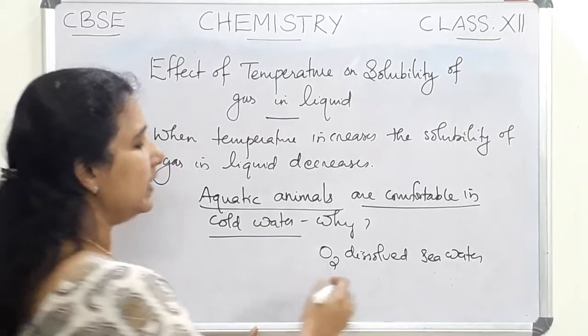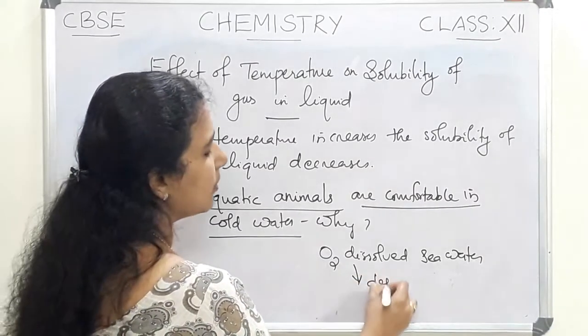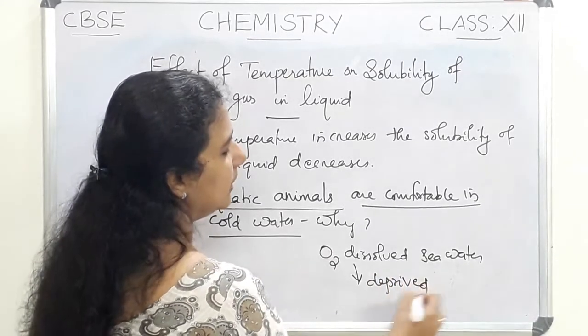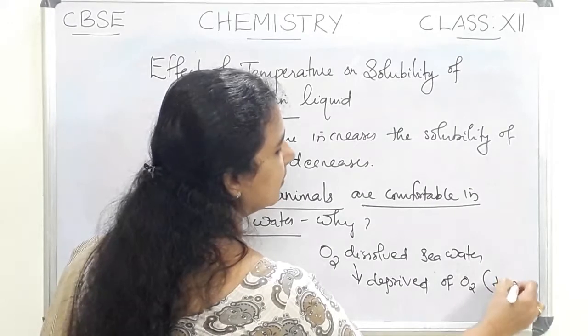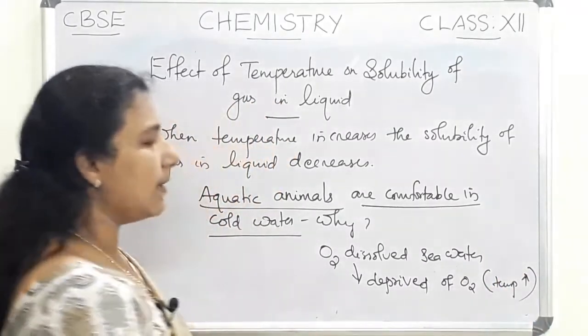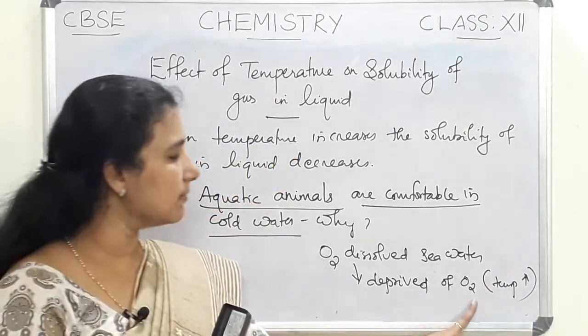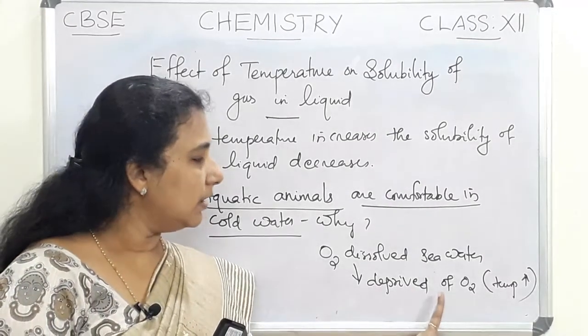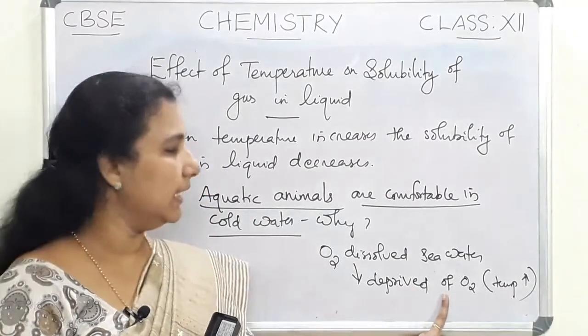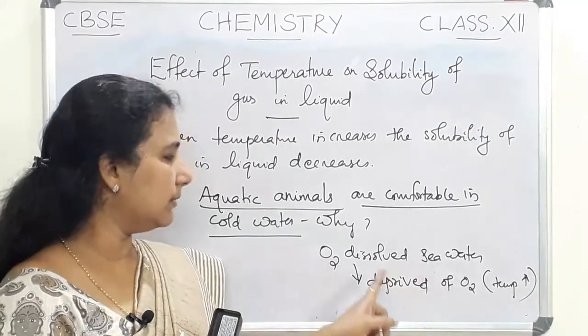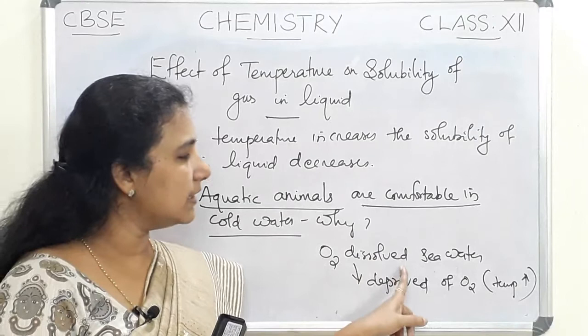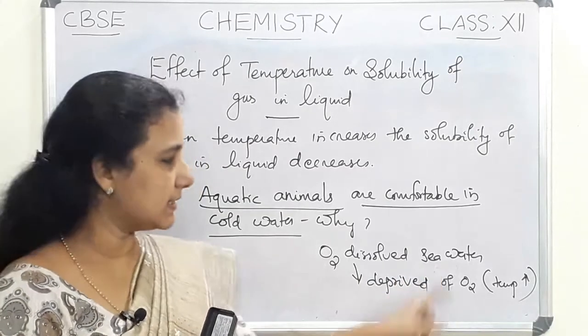That means the sea water will be deprived of oxygen if the temperature is more, or in summer season. The amount of oxygen dissolved in sea water will be less.